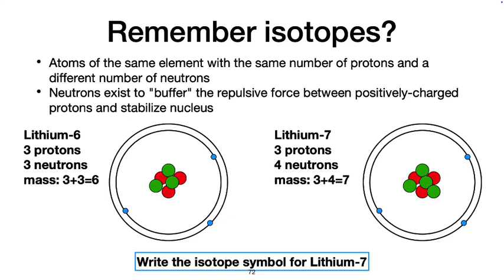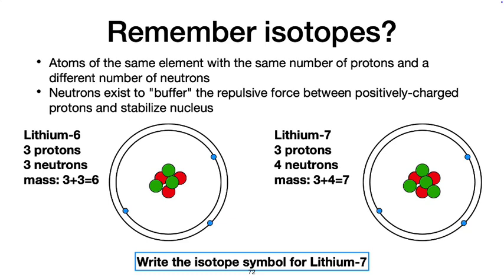Whether it's lithium-6 or lithium-7 has to do with the amount of neutrons. Focus on the information you have at hand.